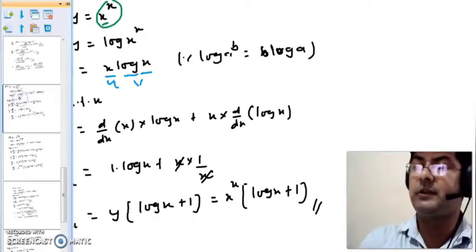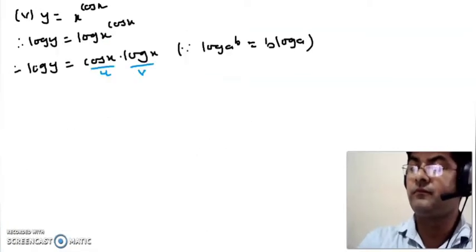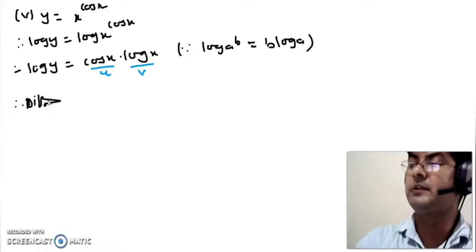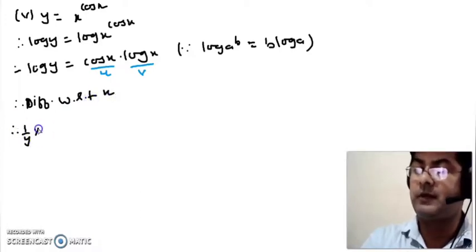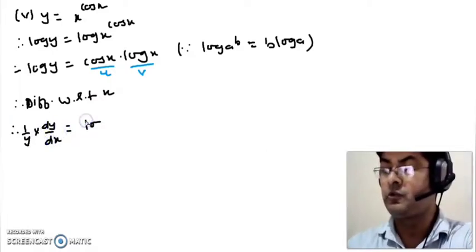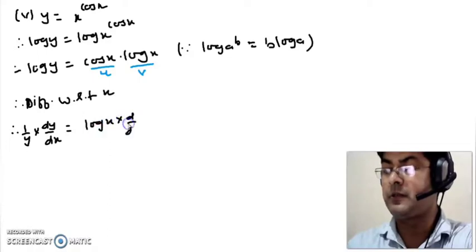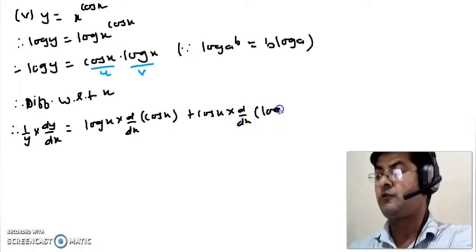So differentiating with respect to x, and therefore 1 by y into dy by dx is equals to log x as it is into d by dx of cos x plus cos x as it is into d by dx of log x.